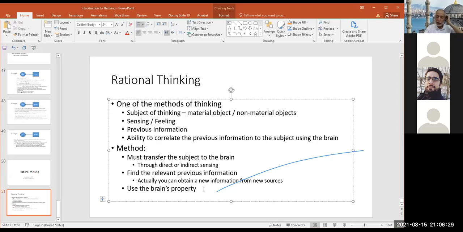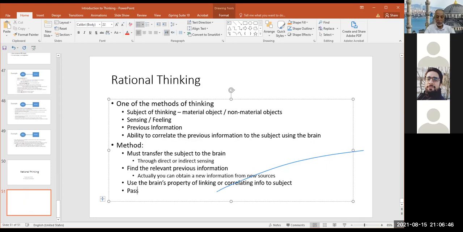I call it the brain's property of linking, or correlating info to subject. And then you pass a thought. So that's the process.